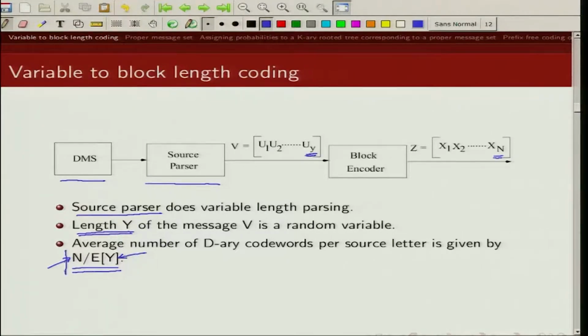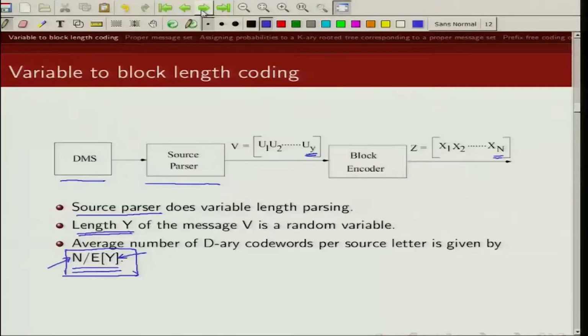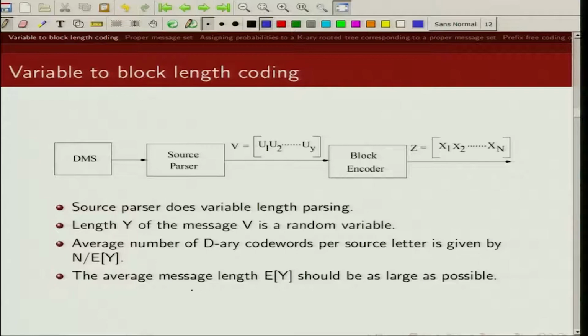So a measure of goodness of this compression is this ratio n by expected value of Y. Clearly if you want to get good compression, we would like expected value of Y to be as large as possible for a given n. So our objective in designing this variable to block length code is to parse the source in such a way that expected value of Y is maximized.